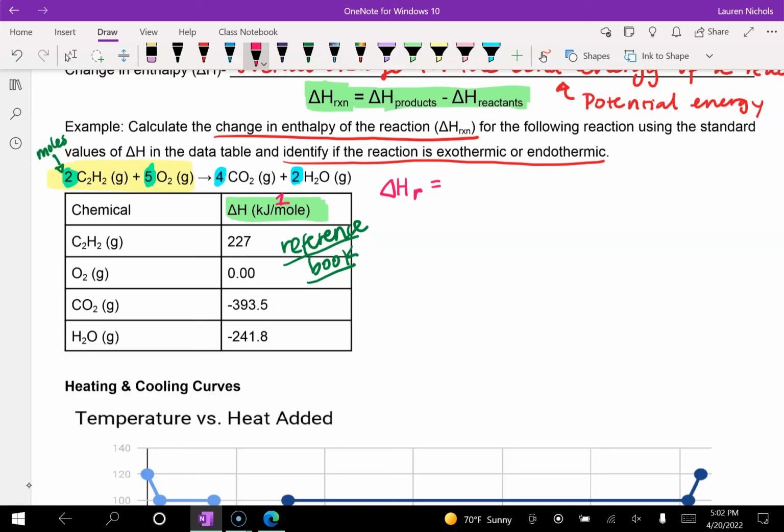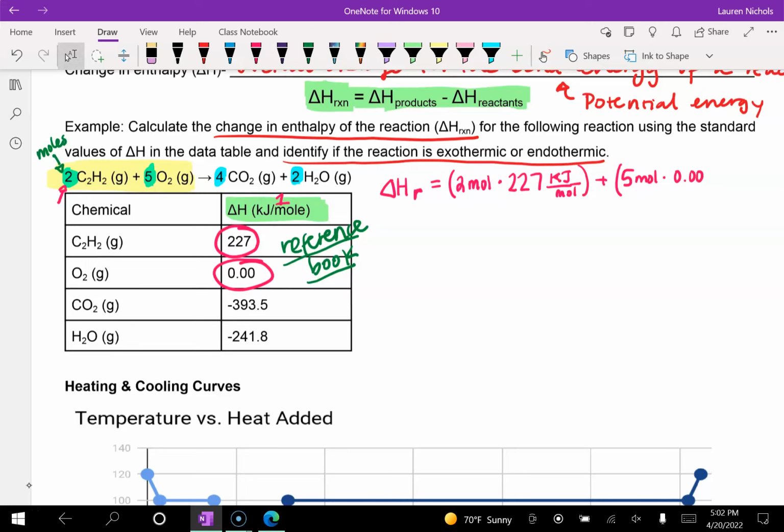Now, if we look, C2H2 is 227 kilojoules for every 1 mole. But in my equation, I have 2 moles. So we're going to take our 2 moles of our chemical and multiply it by 227 kilojoules per mole. And just like in our equation, we're going to add it to oxygen's value. Oxygen has 5 moles in our equation, and it's worth 0 kilojoules per mole.